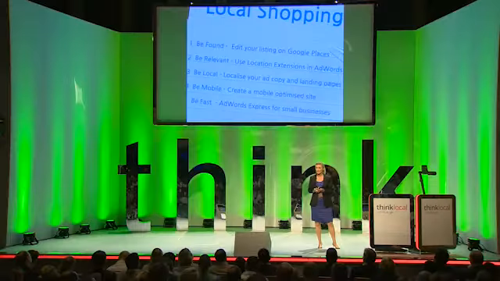That means when the consumer looks at the ad, they'll find more relevant local information about you, such as your business address or your phone number. One of the things we found is that including your phone number in location extensions can increase your click-through rate by about 7%, so it's well worth doing.